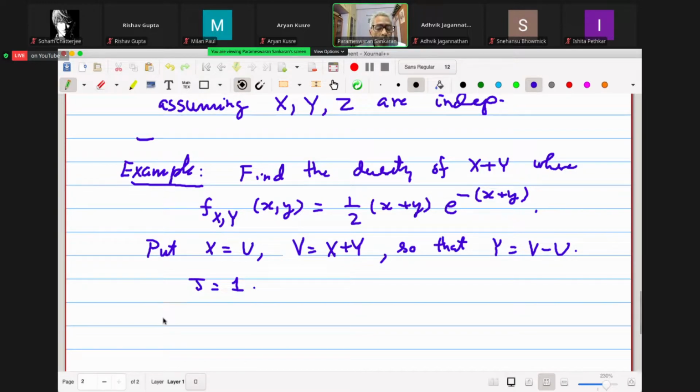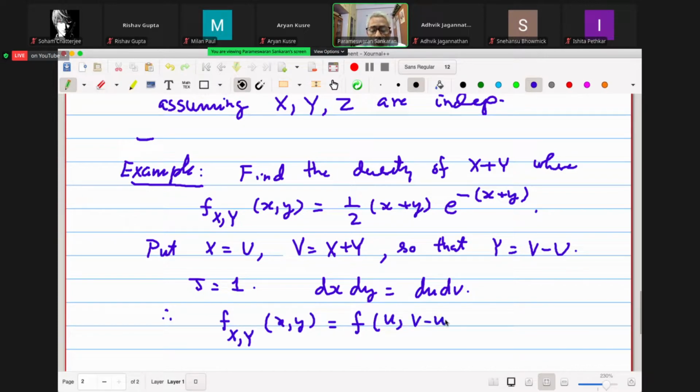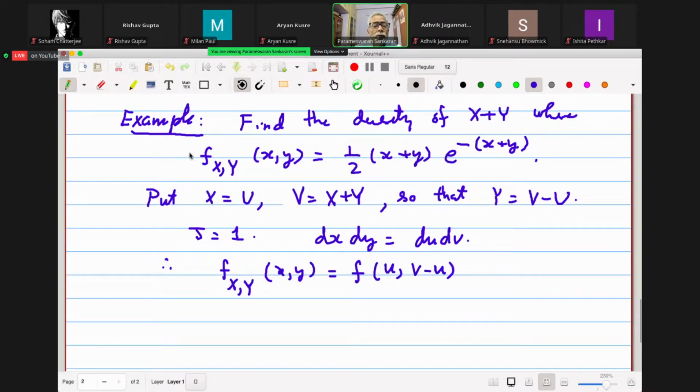Therefore dx dy is the absolute value of the Jacobian times du dv, and f x comma y of x comma y, substituting here, I write simply f of u comma v minus u.